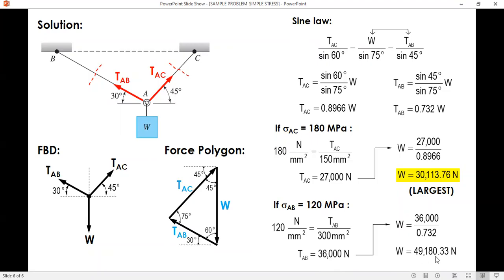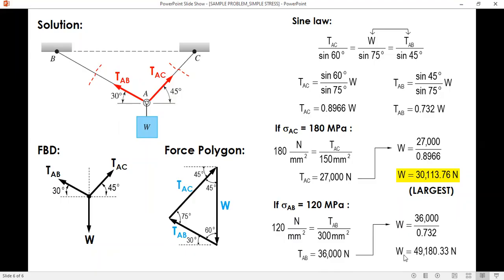But if we will use this value for EB, of course, the stress is 120, no? 49,180.33. This is EB. Okay, if we will multiply this one by 0.732, the value of TEB, of course, is 36,000. And if we divide it by the cross-sectional area of 300, the stress is 120.